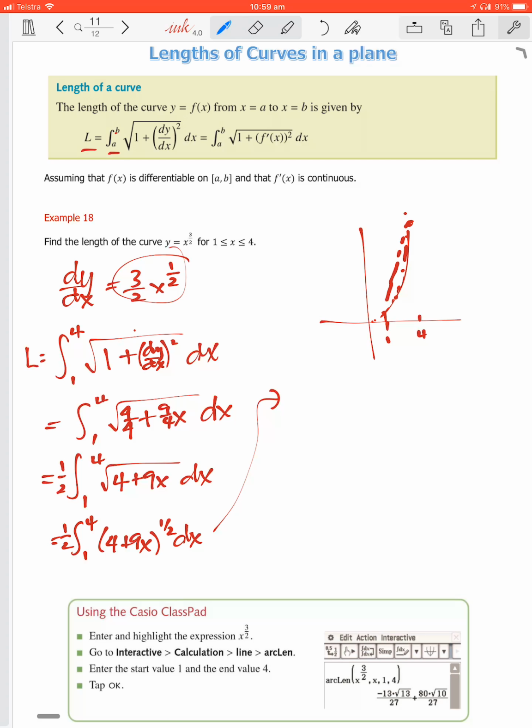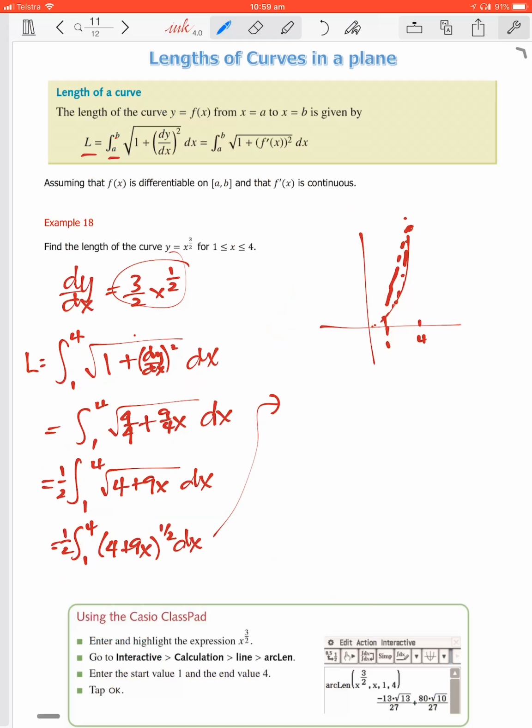Our integral we know is a half, and it's 1 on our new power, which is 3 on 2, times the coefficient of x, which is 9, and then times 4 plus 9x to the 3 on 2, between 4 and 1.